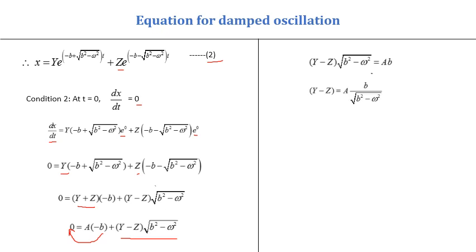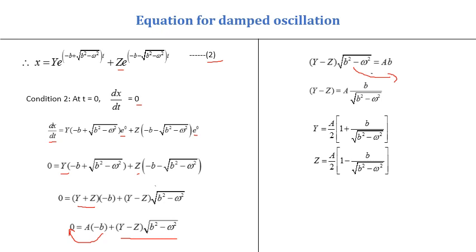Therefore y minus z equal to a into b divided by square root of b square minus omega square. Now, for what values of y and z will we get y minus z equal to a into b divided by square root of b square minus omega square?